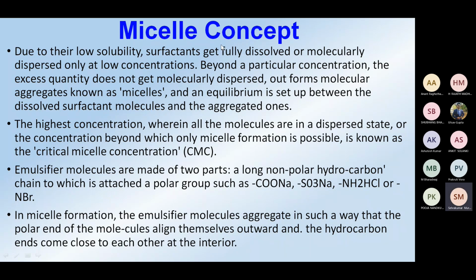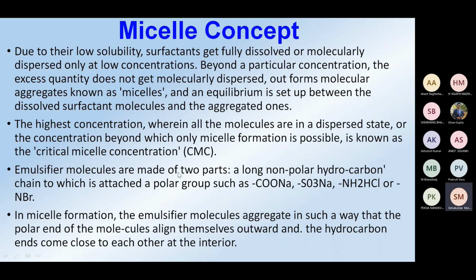Below that, of course, your surfactant can be completely soluble. Beyond it, the surfactant will not be able to dissolve, and as a result there will be formation of small aggregates, or sometimes it will be in a dispersed state. That point is called the critical micelle concentration.